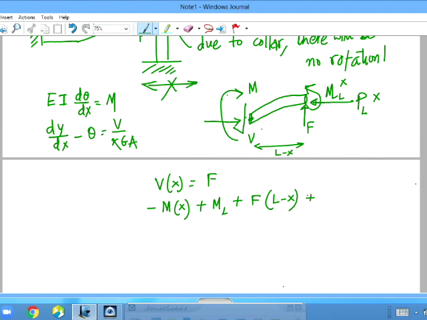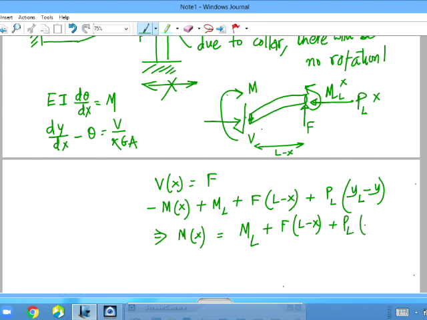But then we have some more terms. Now the axial force PL is also going to induce some moment, and that's equal to PL times (YL, the deflection at the tip, minus the deflection at x, which is Y(x)), and we simply denote it by Y. So this implies your moment M(x) is actually ML plus F into (L minus x) plus PL into (YL minus Y).